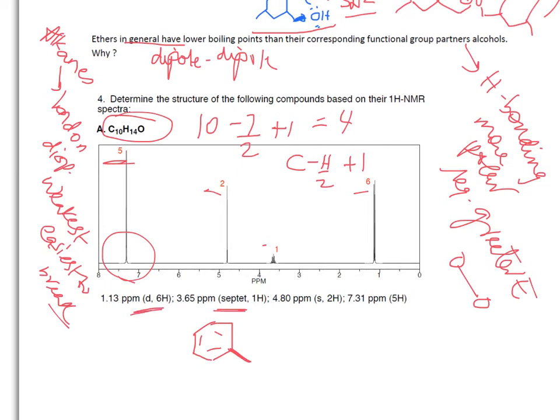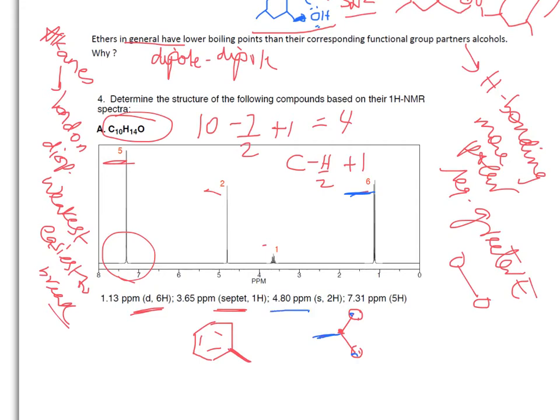Again, for me, anytime I see a doublet and a septet, I'm thinking of an isopropyl group because these two are identical. They split the one hydrogen over here 7 times, because 6 plus 1 is 7, and this one hydrogen splits both of these methyls. That is why it's 6 protons as a doublet, and so there has to be an isopropyl group.